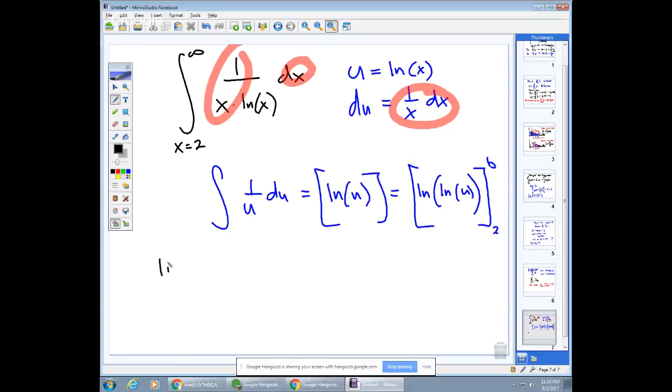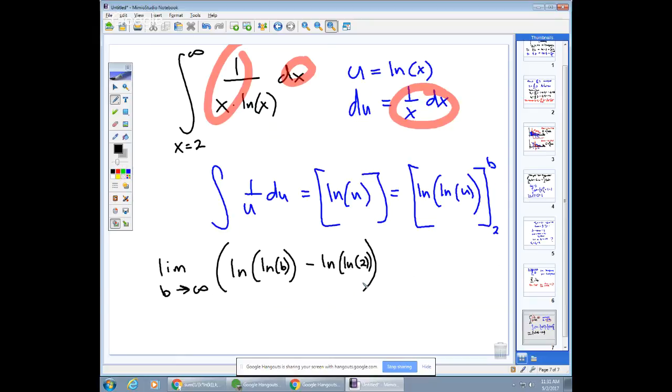So that's going to give us the limit as b goes to infinity of the natural log of the natural log of b. I get enough parentheses there, bing, bing. And then minus the natural log of the natural log of 2, whatever that happens to be.